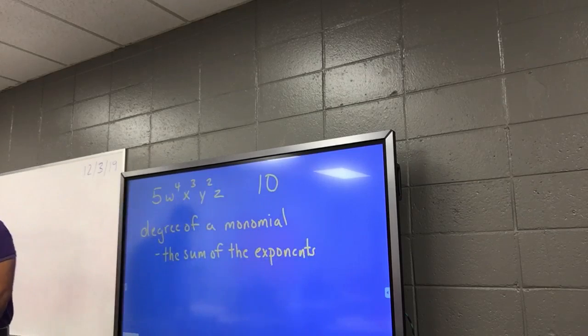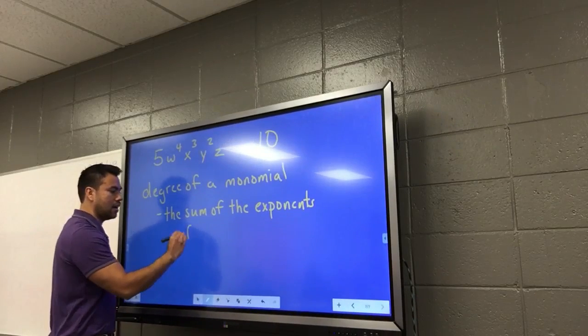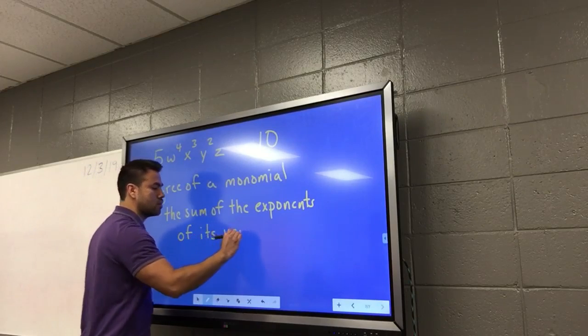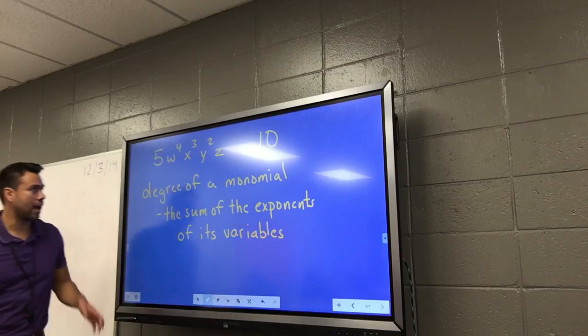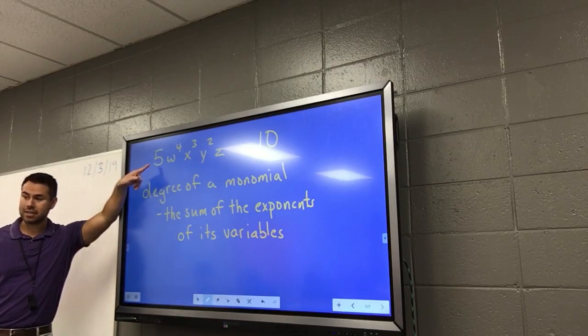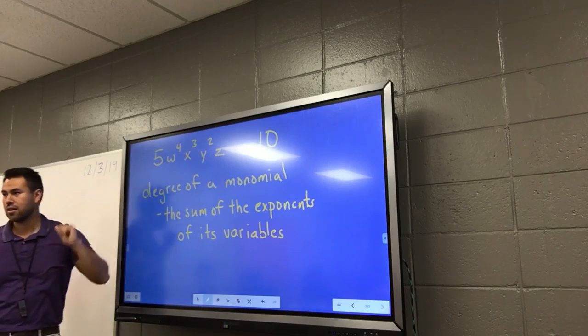And to be very clear, the sum of the exponents of its variables. Because technically, doesn't 5 also have an exponent? Yes, but we're not talking about the 5. We're talking about only the variables.